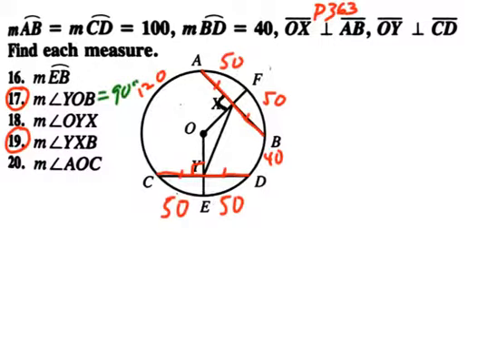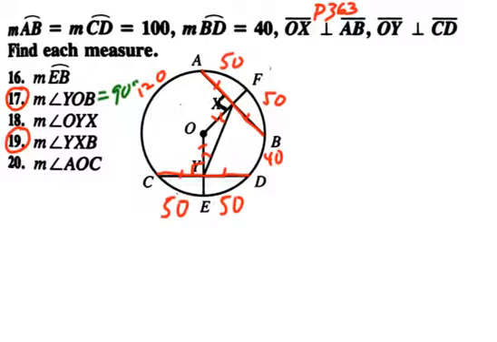And if they're congruent, then they are equidistant from the center, and so these pieces right here are also congruent, which means we have an isosceles triangle there. So if you're still following me, this angle that I'm drawing in red is congruent to this angle right here. Okay, we good so far?